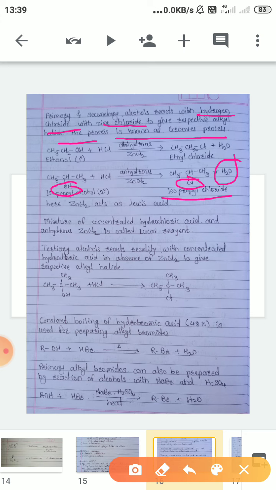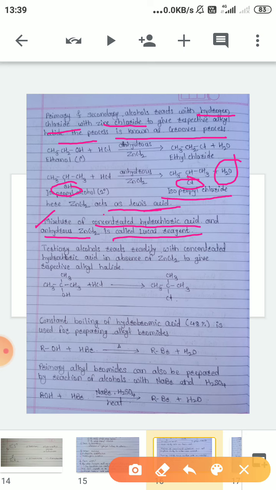Here ZnCl2 acts as a Lewis acid, which means it weakens the carbon oxygen bond and helps to replace the OH group easily with the halogen atom. Before this I also told you, a mixture of concentrated hydrochloric acid and anhydrous zinc chloride is called Lucas reagent.